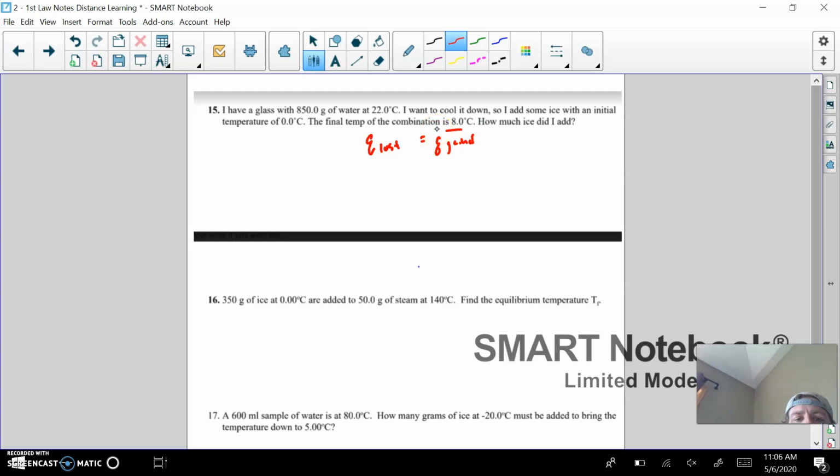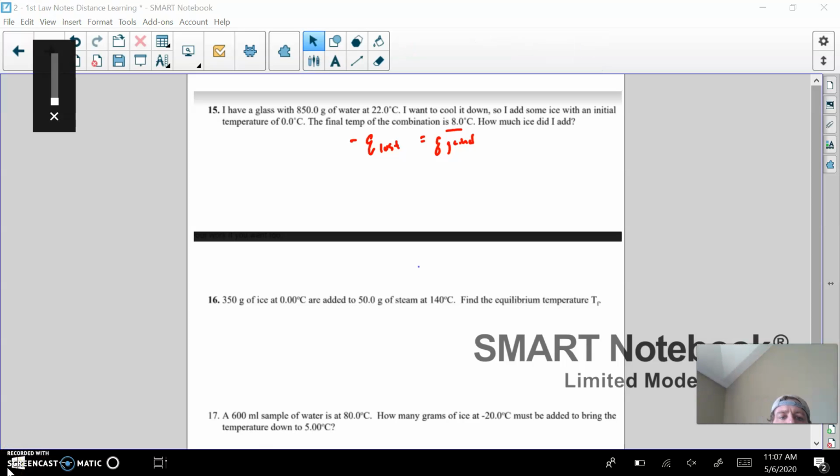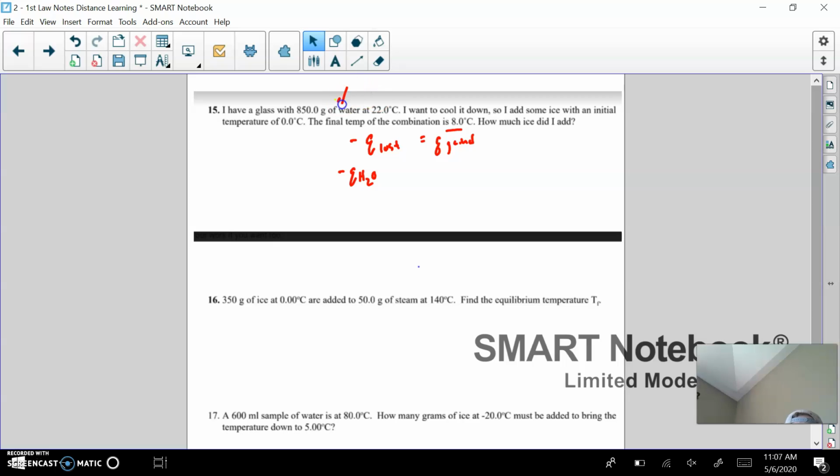Now, this gets a little tricky because there's water. All the ice essentially is going to be going to water. So see if you can set it up for a sec. Okay, so what we're saying is minus Q of the H2O, because that's going to lose heat. This one is going to lose heat.